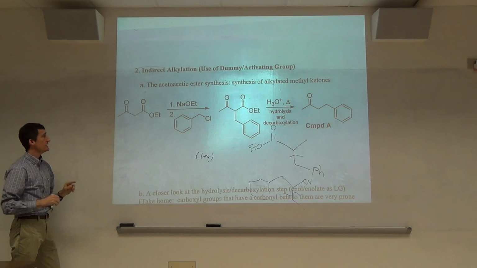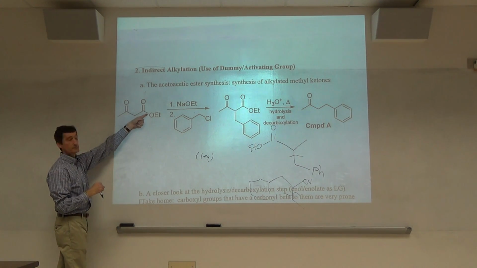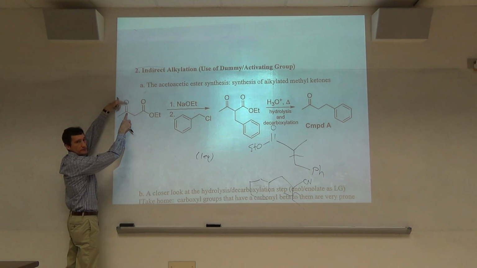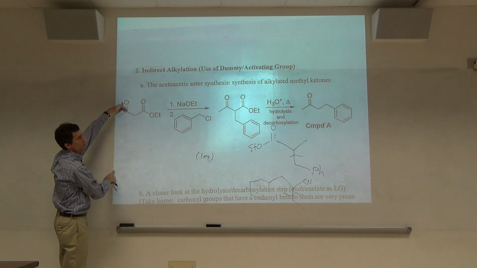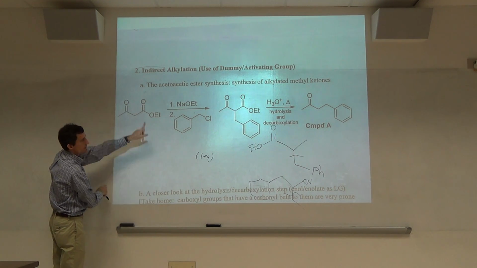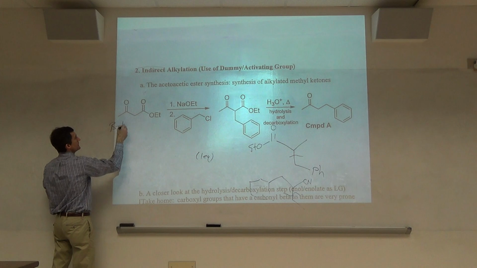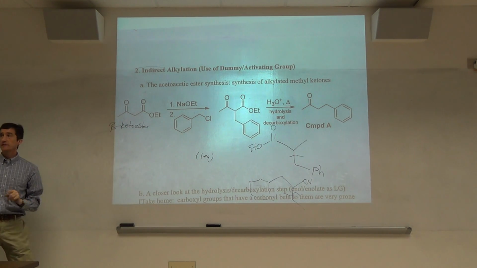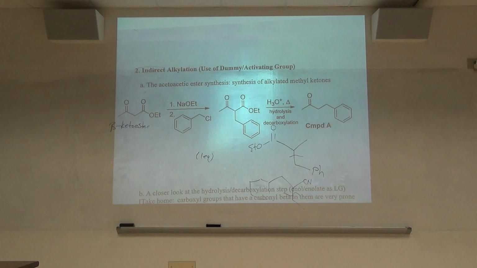A more generic name is a beta-ketoester. Because that's an ester. Alpha, what's at the beta position? A ketone. And it's written somewhere, I'll write it again. It's a beta-ketoester. When you get to biochem, you'll see lots of beta-keto acids and beta-keto esters and stuff like that.